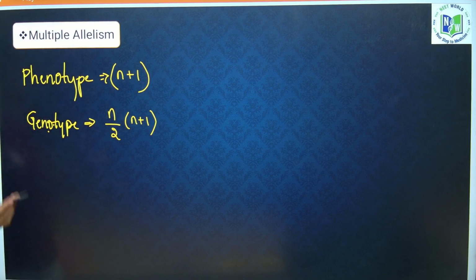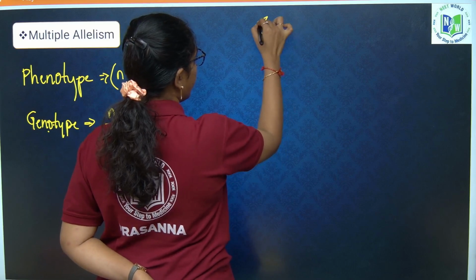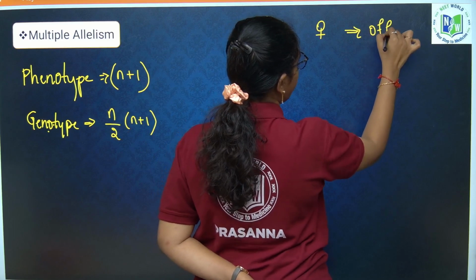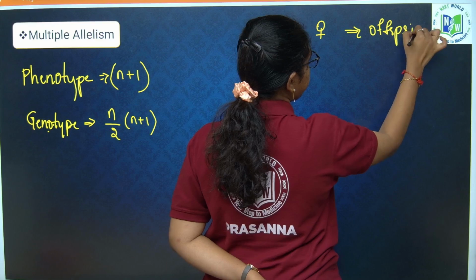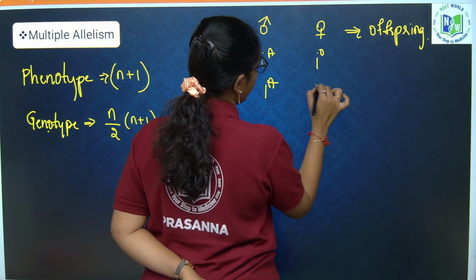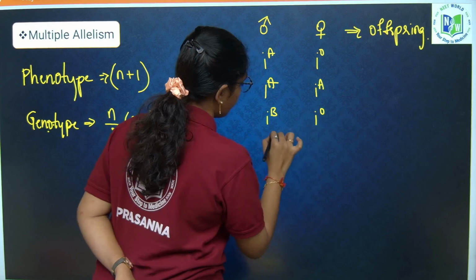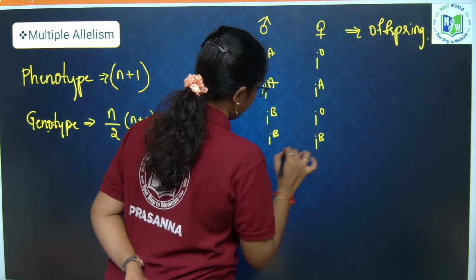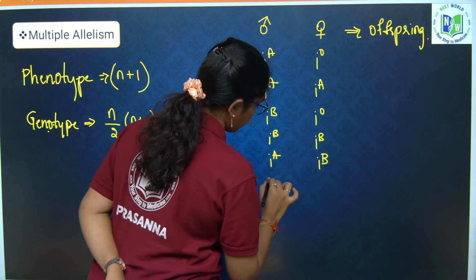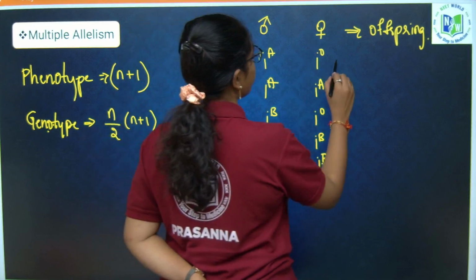So if you clearly see, again if we take male and female parents, and here it is offspring, IAIO, IAIA, IBIO, IBIB. So what are the combinations that we are going to get?